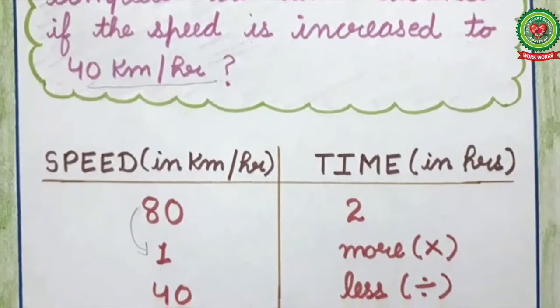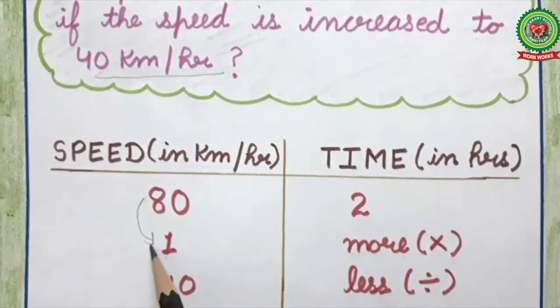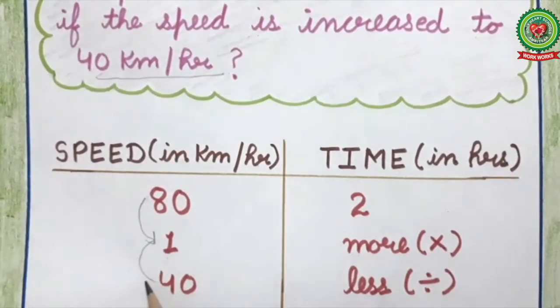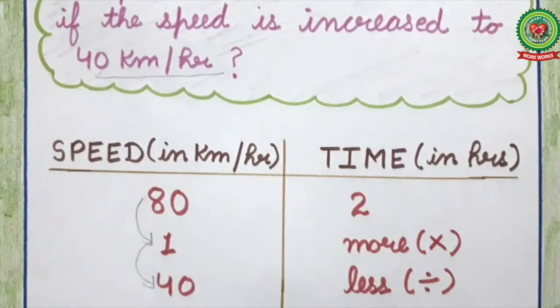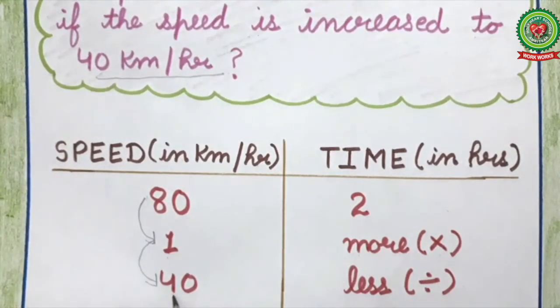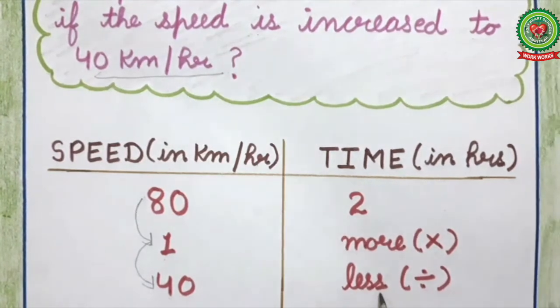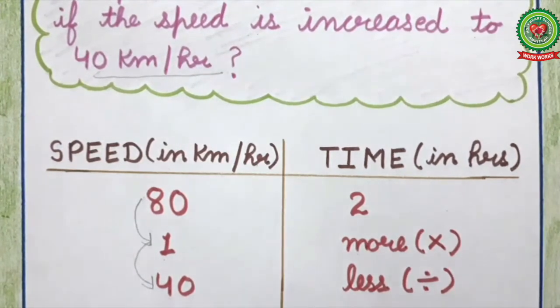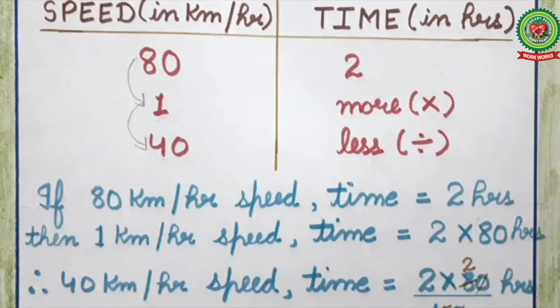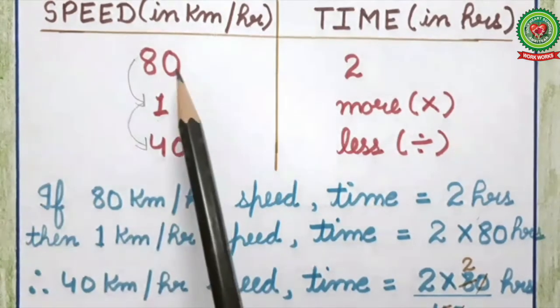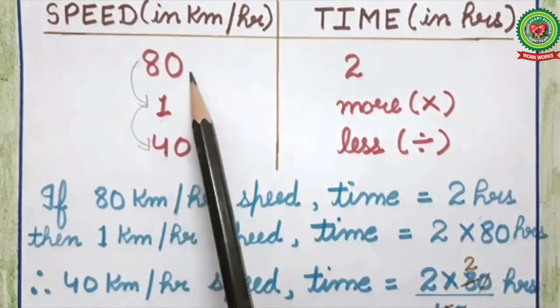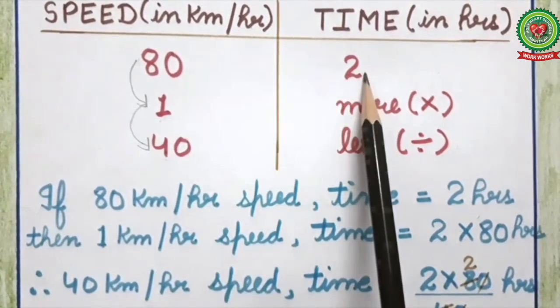After that, we will move from 1 km per hour towards 40 km per hour. Speed increases, so time will decrease. Less will come, and less means divide. Now, let's move towards the calculation part. Here we have 80 km per hour speed, time is 2.